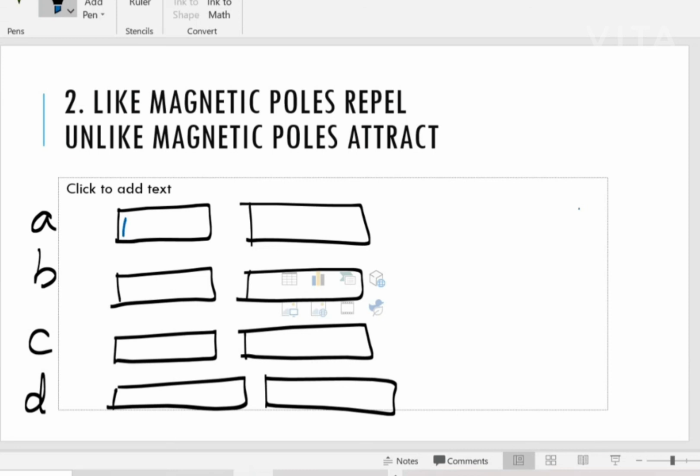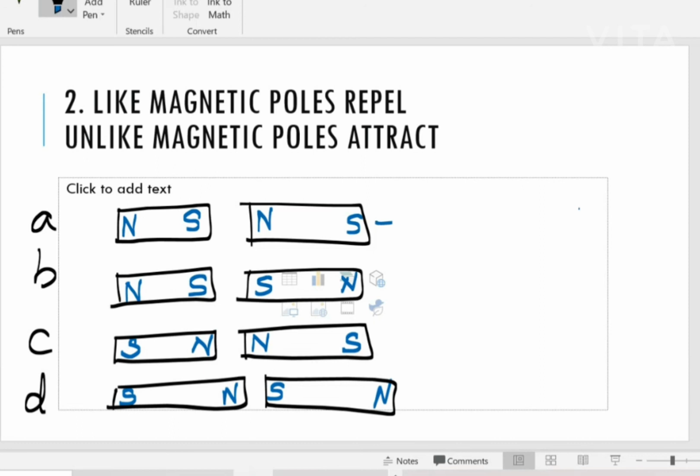North, south, north, south. The next I'm making north, south, south, north. Next I'm making south, north, north, south. Next I'm making south, north, south, north. Okay, so all these are different, no? Yeah. So I have a pair of magnets. In 4 cases I'm going to test, checking for attraction or repulsion.